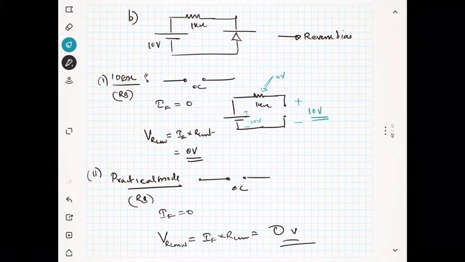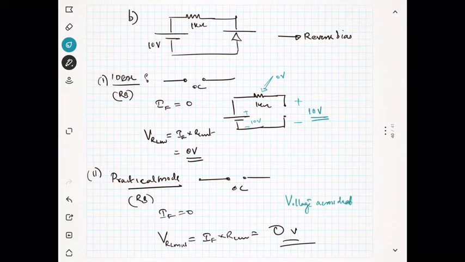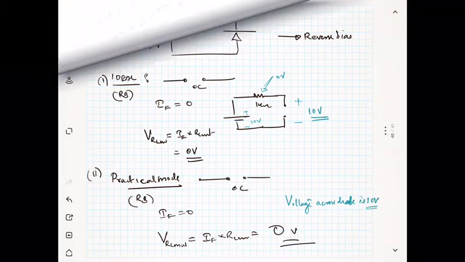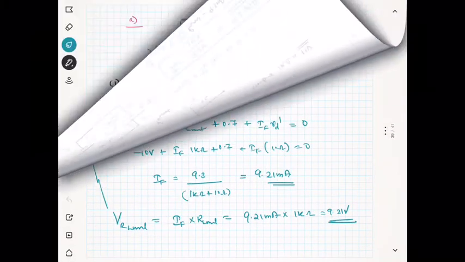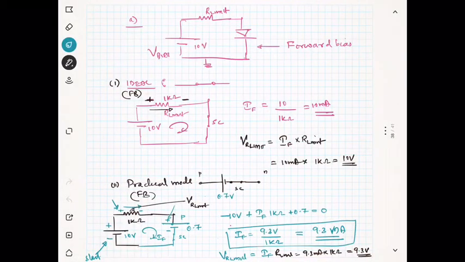Similarly, for the practical model, the voltage across the diode is again 10 volt, because there is no voltage drop across the resistance. Similarly, for the forward bias condition, what is the voltage across the diode here?